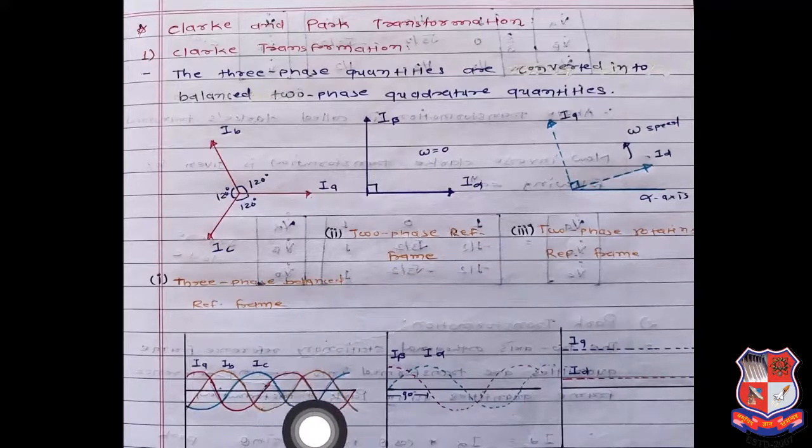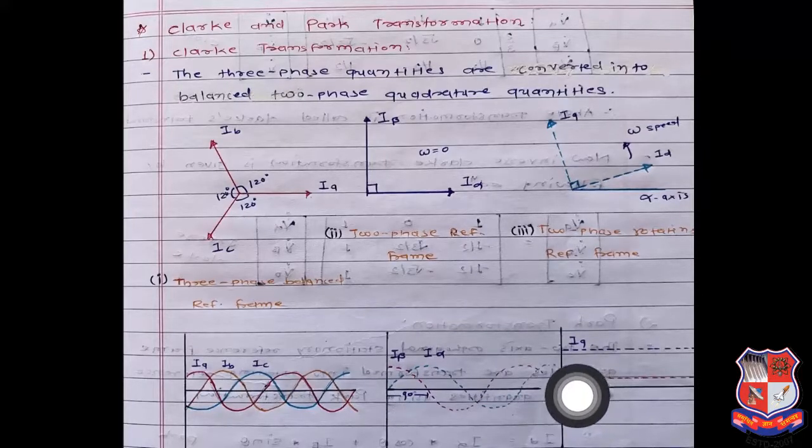So these are the waveforms for the balanced 3-phase set, and these are the waveforms of the 2-phase stationary reference frame, which are displaced by 90 degrees. The 3-phase balanced set is denoted by A, B, C, for 2-phase stationary it is called alpha and beta, and for the rotating reference frame it is denoted by D and Q. So this alpha and beta are displaced by 90 degrees.